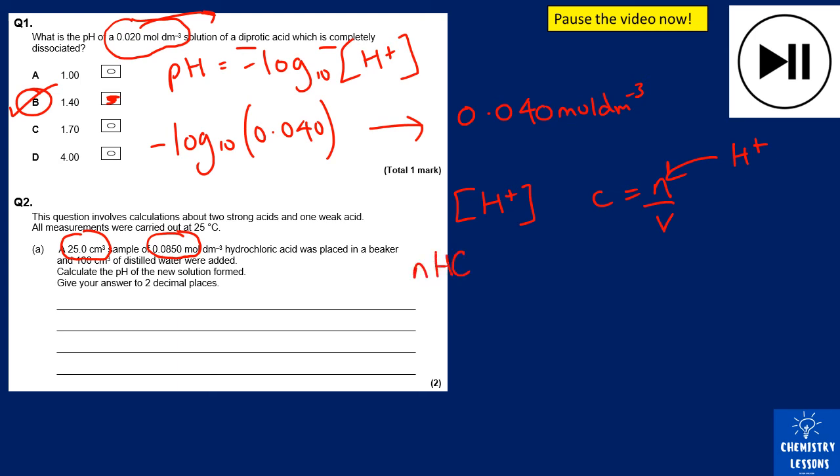So my moles of HCl is concentration times volume, which is 0.0850. My volume is 25 over 1,000 because it must be in decimeters.